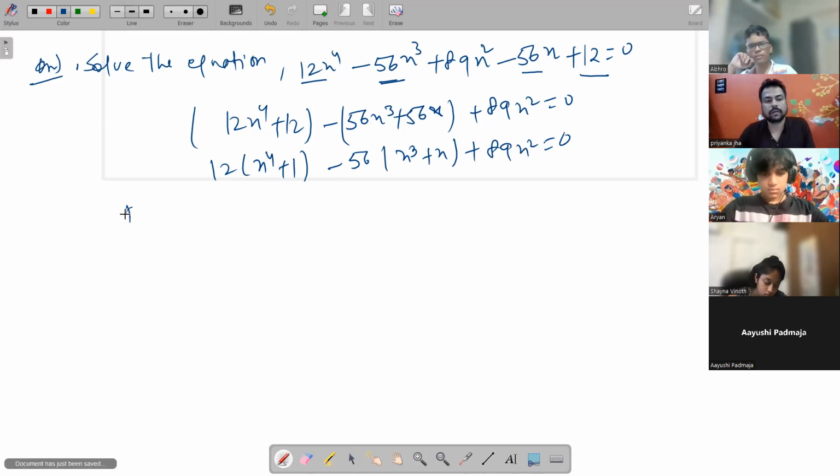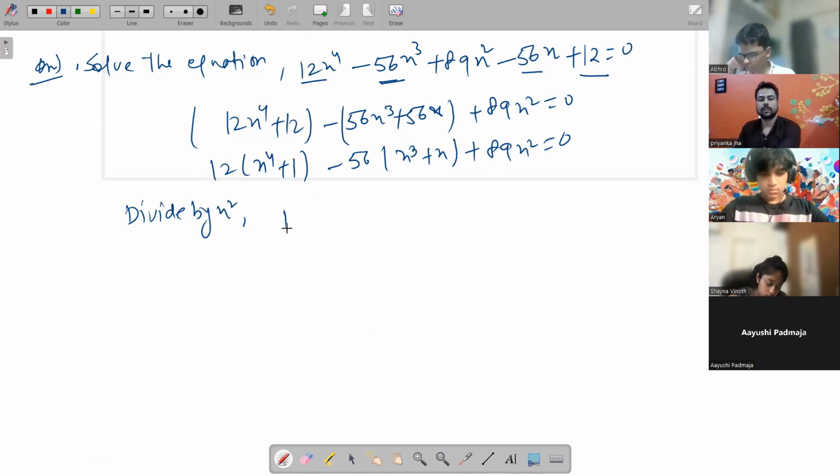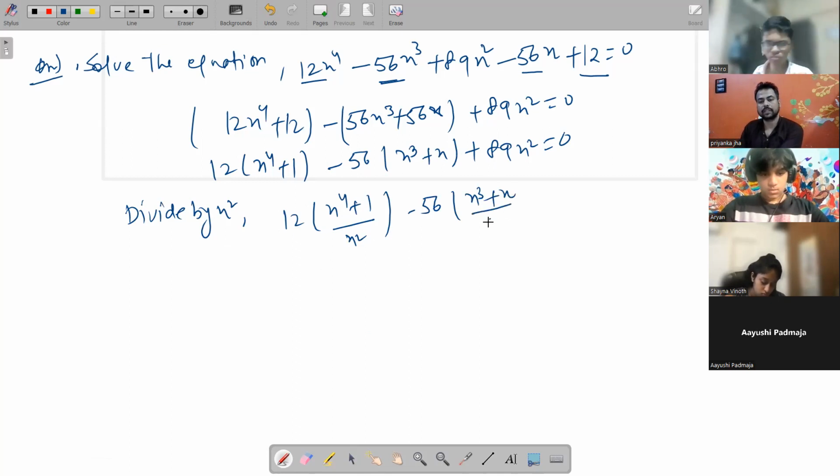Do one thing, divide by x squared. So this is x4 plus 1 upon x squared minus 56 x cube plus x upon x squared, and this is 89 equal to 0.